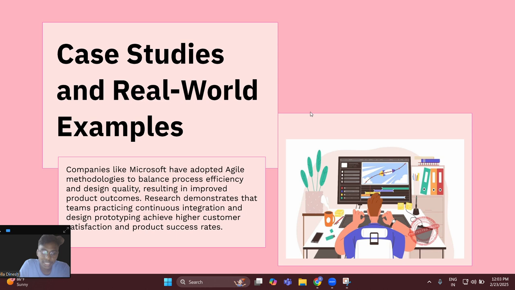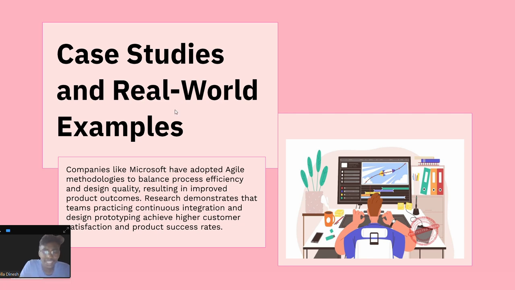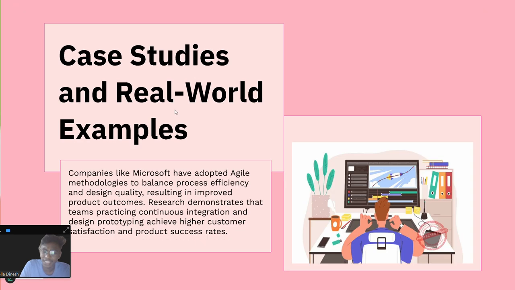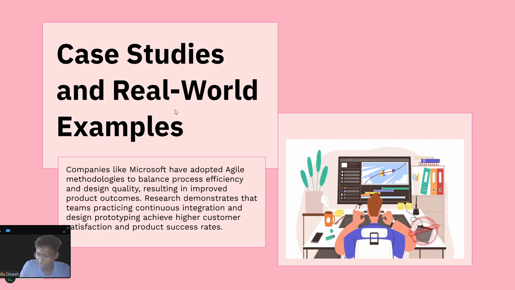Research demonstrates that teams practicing continuous integration and prototyping achieve higher customer satisfaction and product success rates. These are real world case studies. Microsoft uses this agile model, and larger multinational companies are using agile models. That's why they are top notch companies.